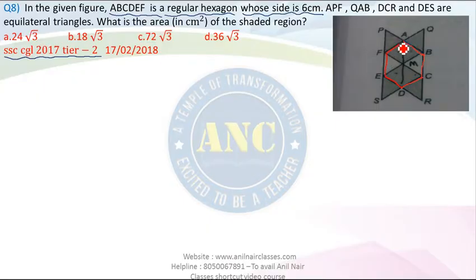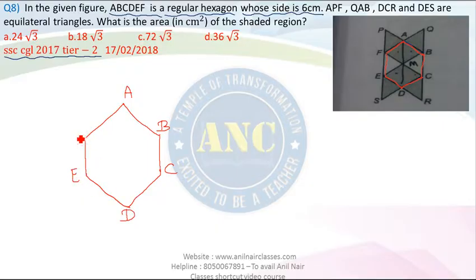Let me draw it for you people, so that we will not get confused. So this is nothing but AB, and this is BC, this is CD, this is DE, this is EF, and this is FA. ABCDEF is a regular hexagon whose side is 6 centimeter. Beautiful. Every side is 6 centimeter.